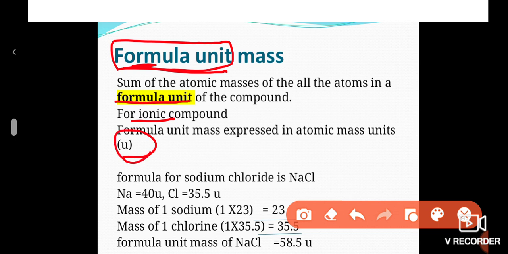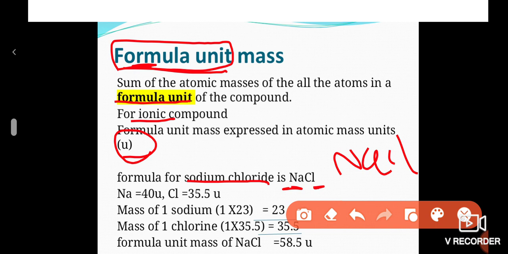Okay. So, the formula of sodium chloride. What is the formula of sodium chloride? It is NaCl. This is the formula unit for sodium chloride. Okay. So what atoms are present in it? Na and Cl.